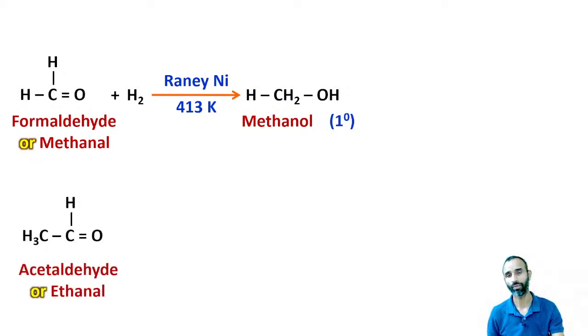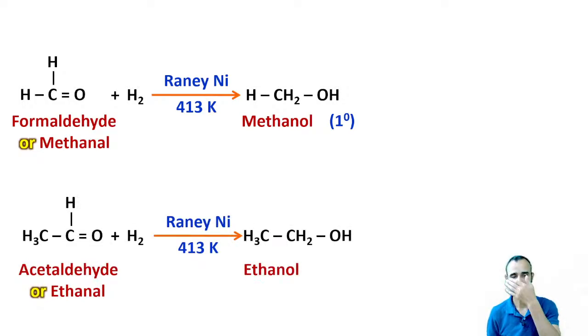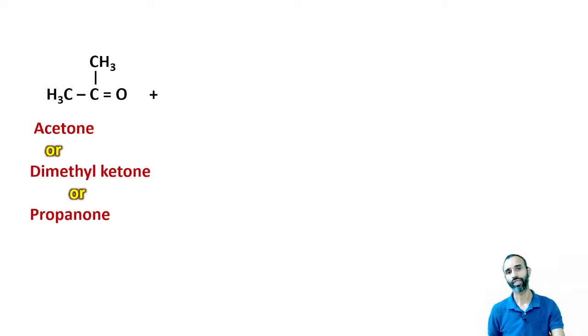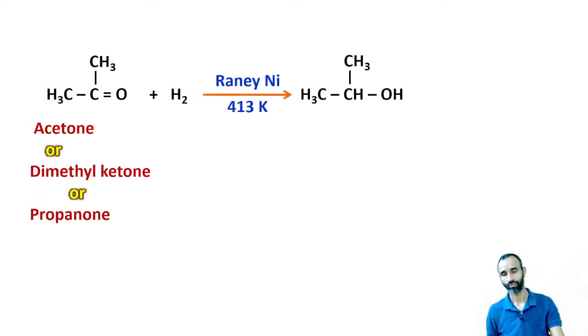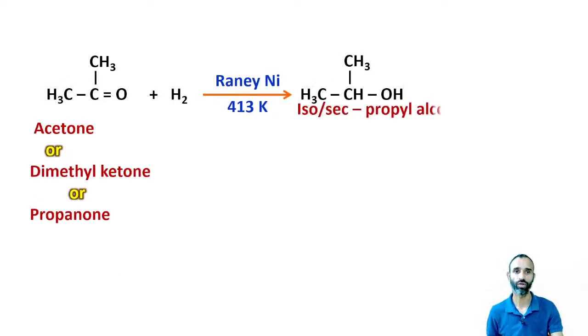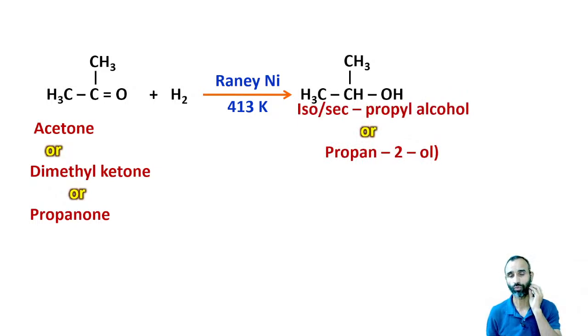If we have acetaldehyde, we get again alcohol, that is ethanol. In ketone, we get secondary alcohol, that is isopropyl alcohol or secondary propyl alcohol or propan-2-ol.